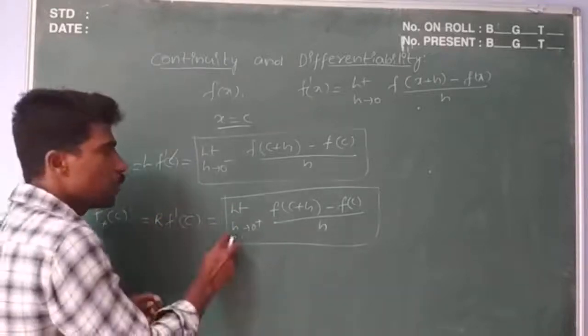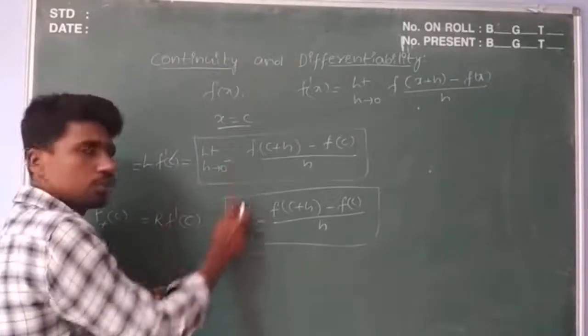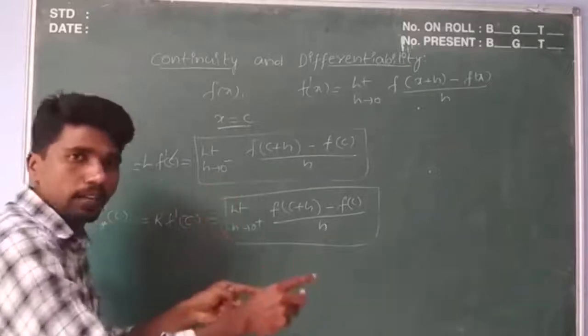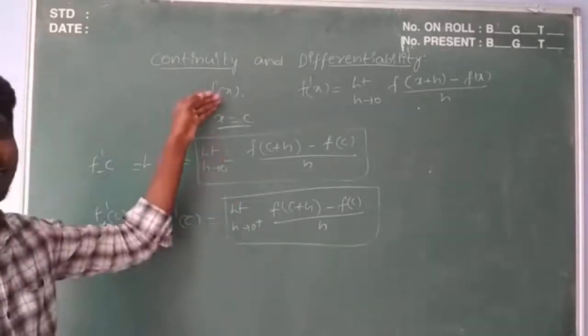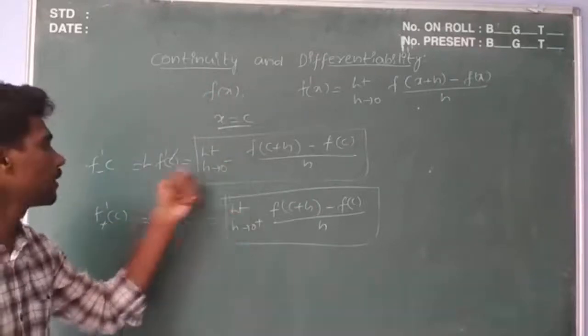Now if these two exist and are equal, then we say the given function is differentiable at the given point.